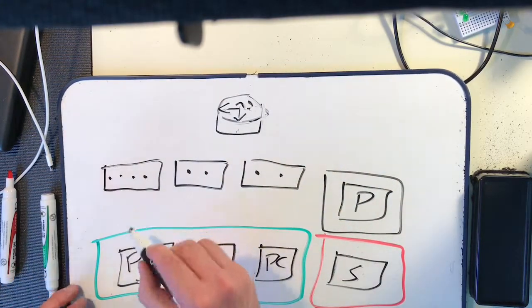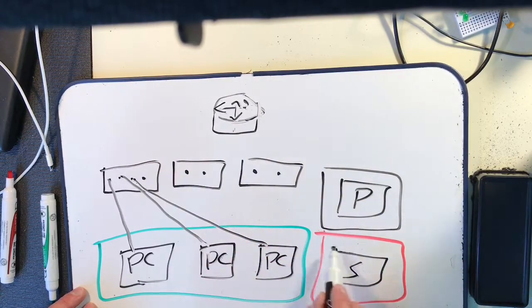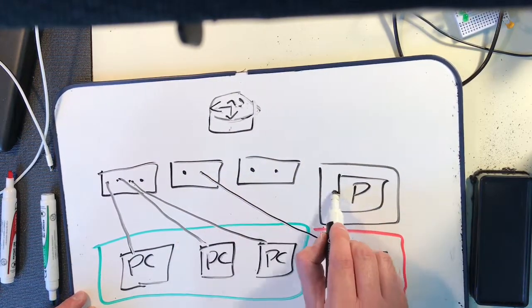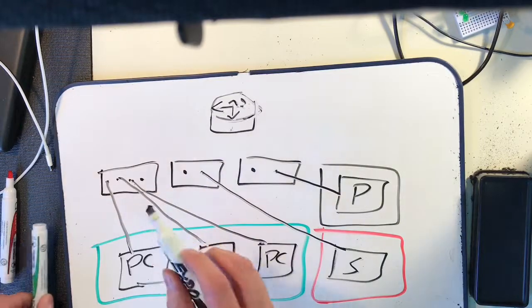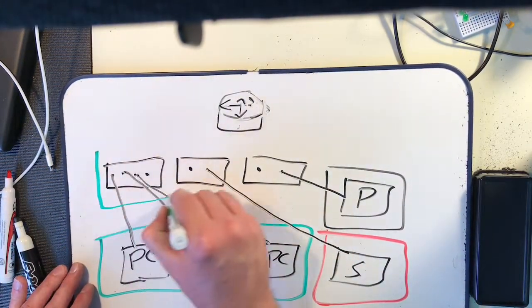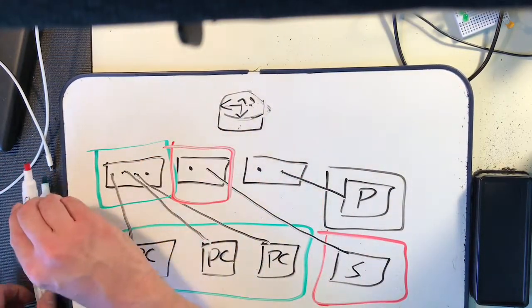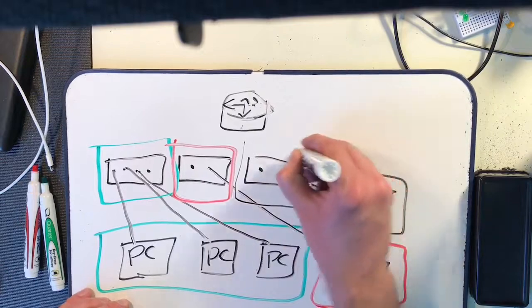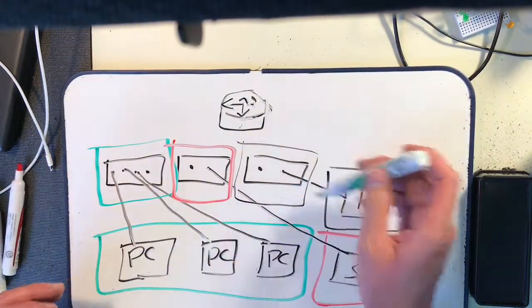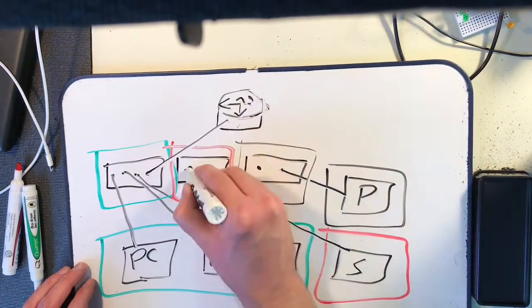And the PCs would connect to one switch, the server will connect to one switch, and the phone will connect to its own switch. And in terms of the networking in this aspect, these switches are now part of their corresponding networks. So you can see that these match now. And then at this point, you would have your connection going to the router from each one of these.